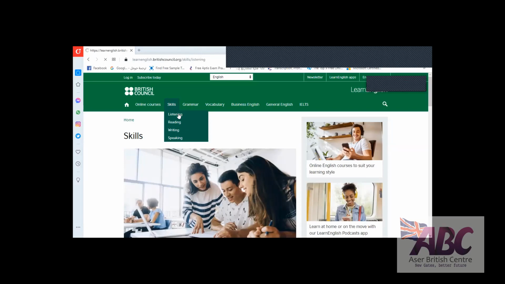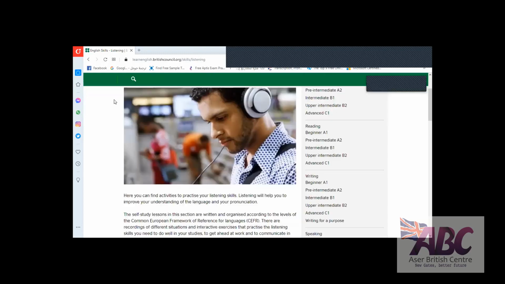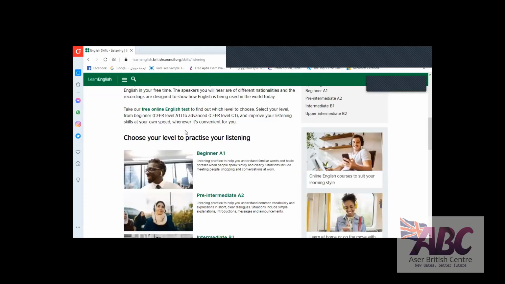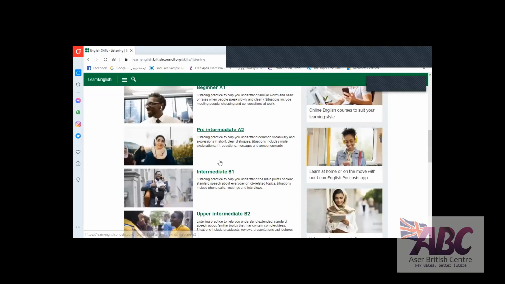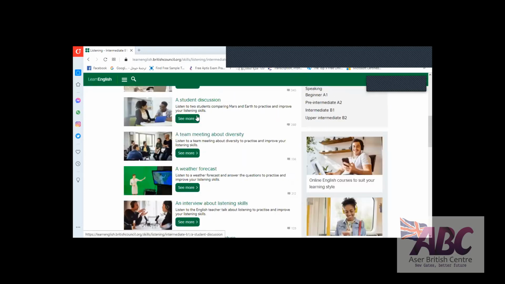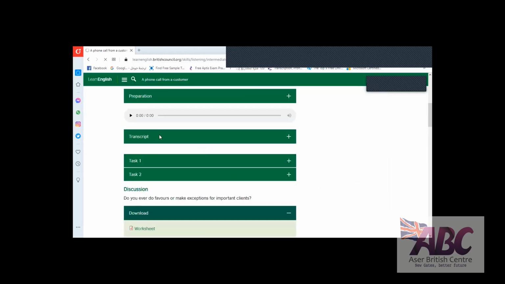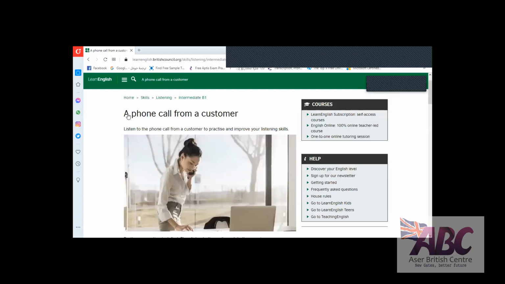For example, if you want to teach them how to improve their listening skill, they can go directly to listening, choose what level they are, and then go directly to the exercise. This exercise is also provided with an audio recording from the British Council. They can listen and then try to answer. These are some resources that can be used to help your students.